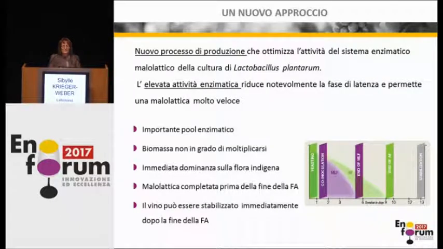For this approach, we improved our production process to produce an extremely high biomass with a high enzymatic activity of this Lactobacillus plantarum, with the goal to very rapidly decrease the malic acid in the wine with very little lag phase.